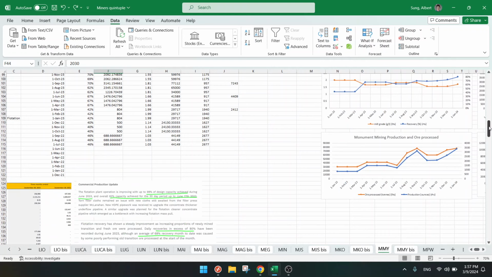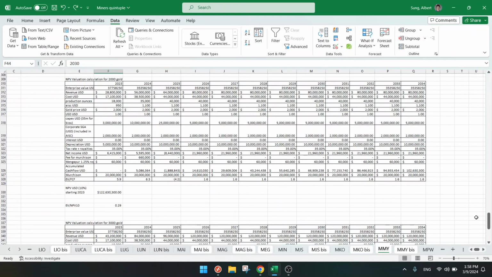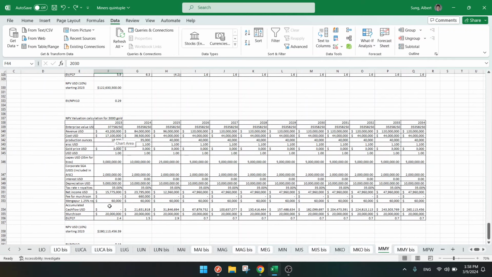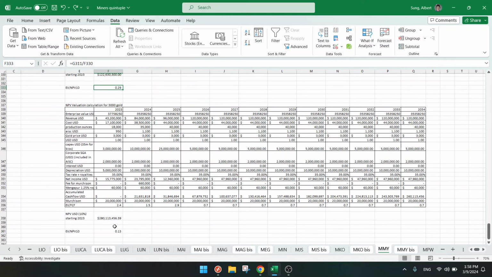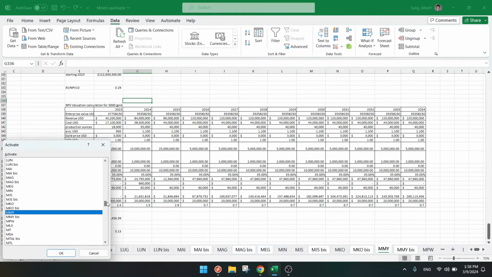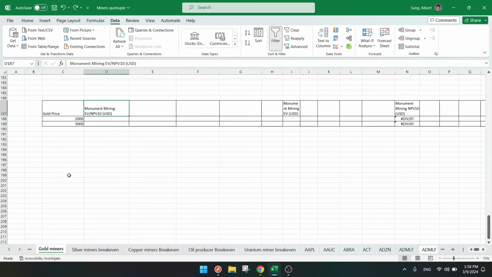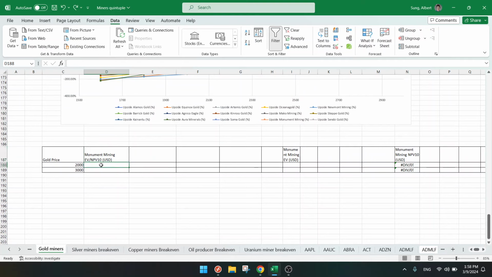So we now have two data points, 2000 and 3000 gold. Okay, these two data points, which can change in function of time because the share price changes. Now we input this in here.